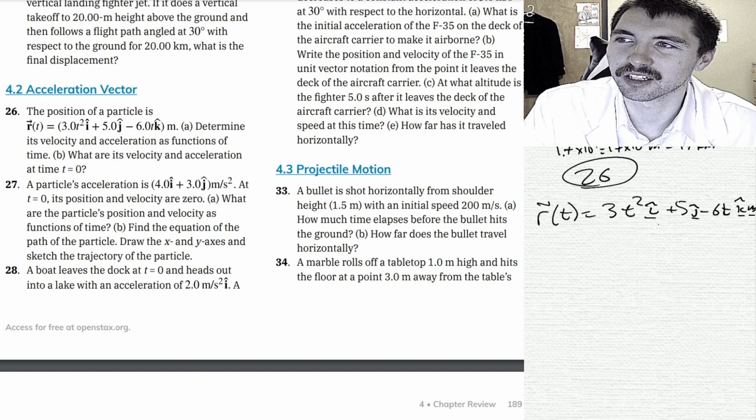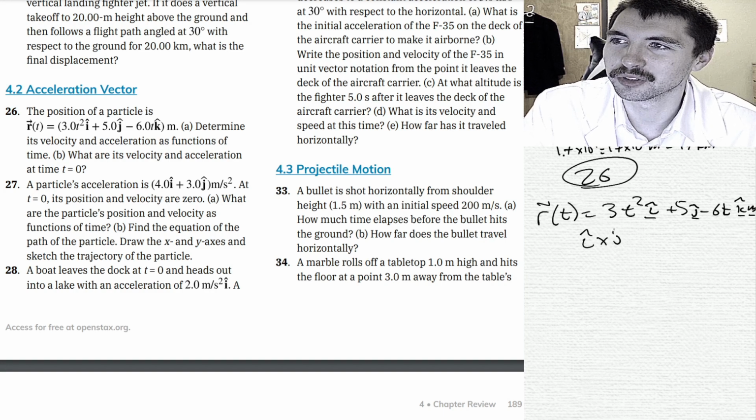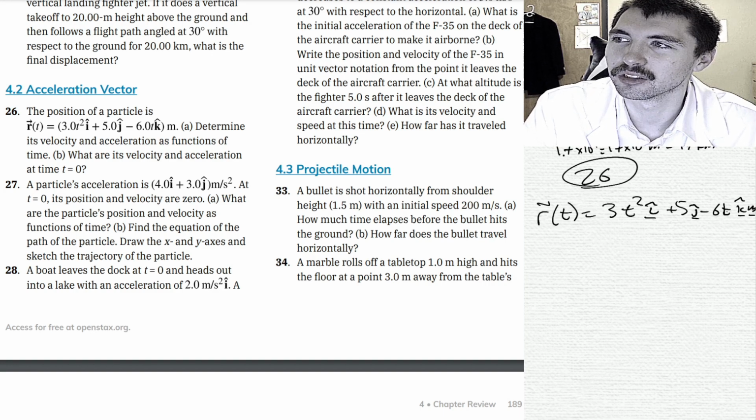You're not doing any algebra to these, unless you're doing an actual vector cross product. That's the only time you do anything algebraic with these, or if you're converting units to another size.